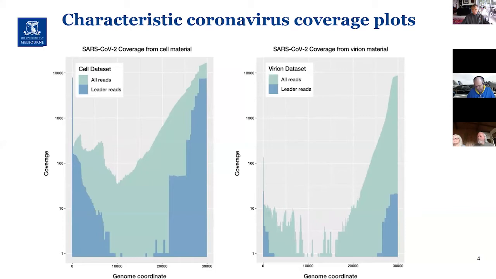And so you see in the light green color that there's a very high depth on the 3' end, and it drops off, and then it picks up again a bit to the 5' end. That's all reads, but the way the SARS-CoV-2 virus manages to translate its 3' end is this: translation occurs 5' to 3', but it's quite a long virus, 30,000 bases.